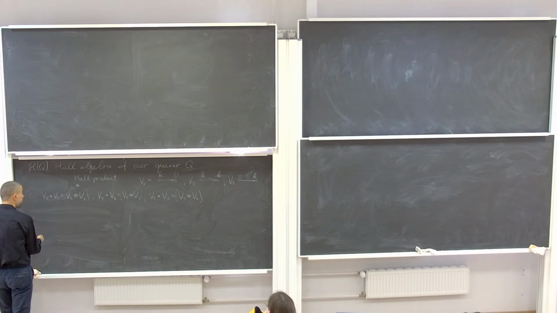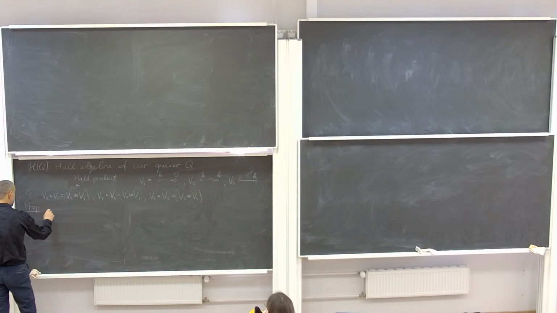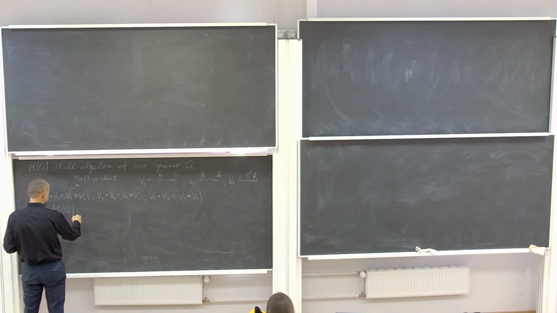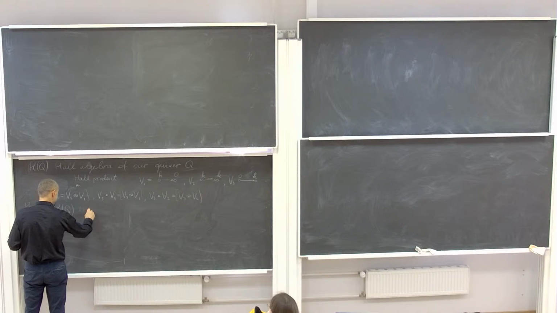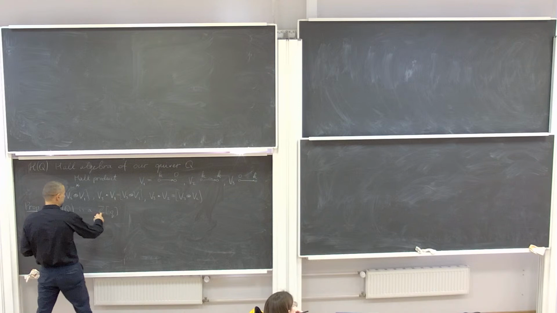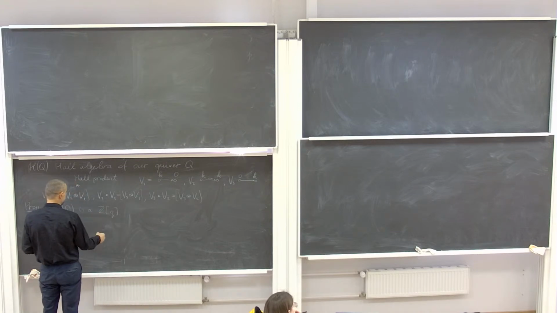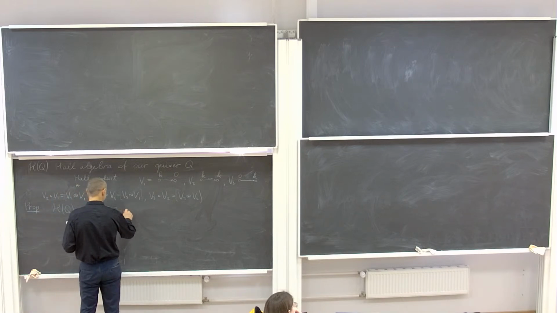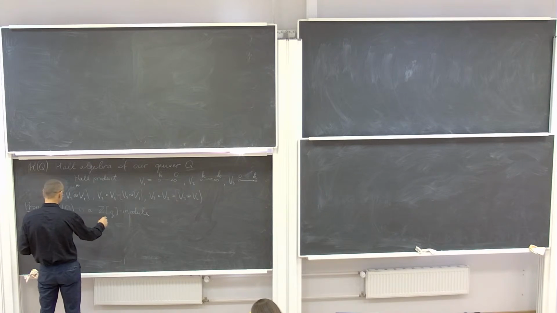And then we also proved that the whole algebra is a module over polynomials in q, where q is the cardinality of our finite field.